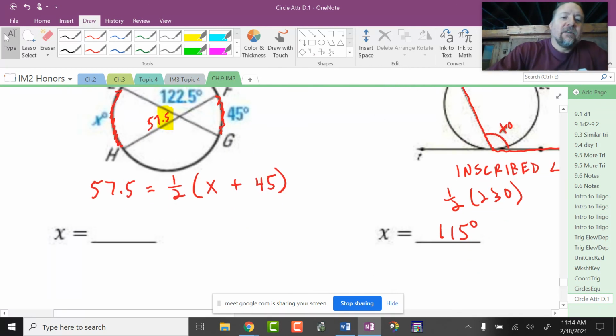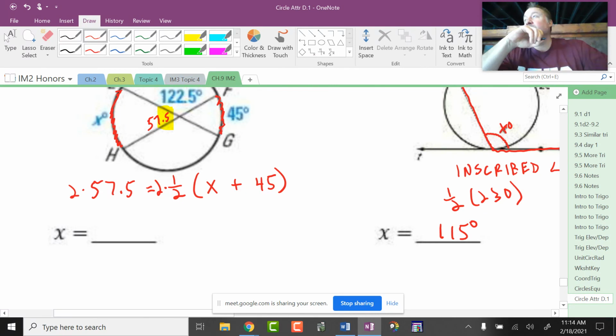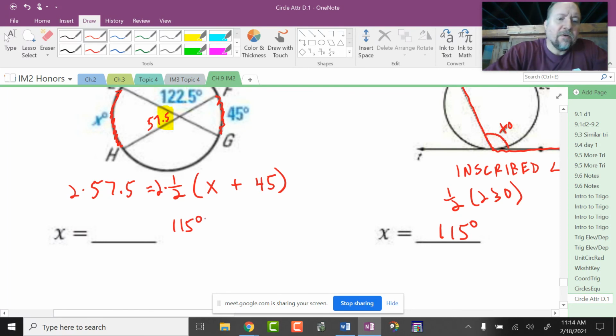As a problem solving skill, instead of distributing the 1/2, I'd multiply both sides by 2 so I don't have to distribute. 115 times 2, is that 230? Then subtract 45. Very simple. I think that's 70, right? So x equals 70 degrees.